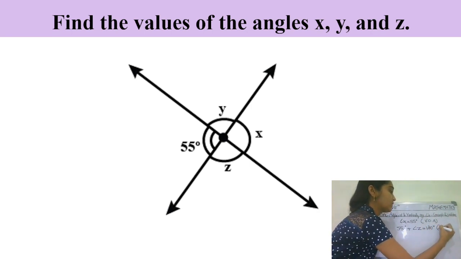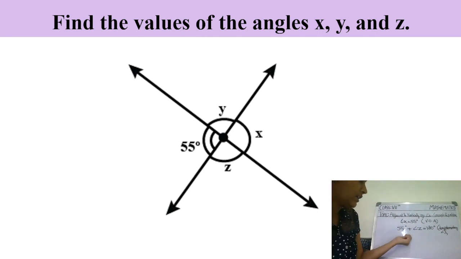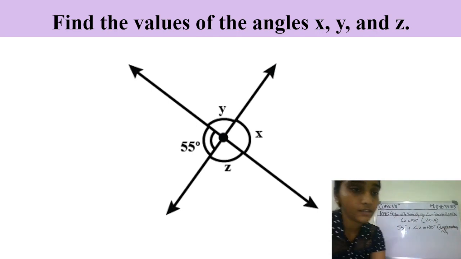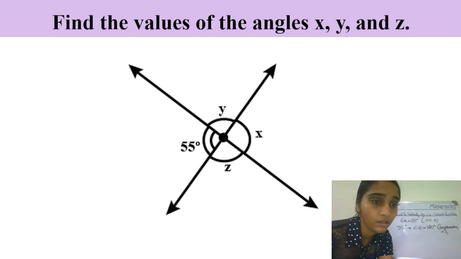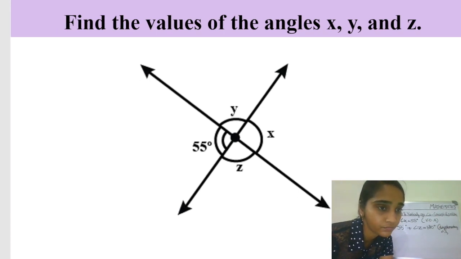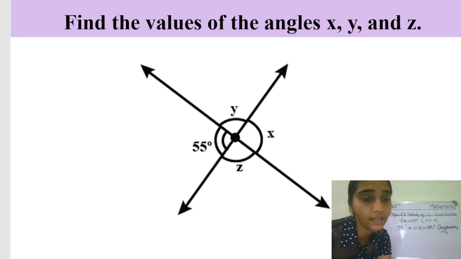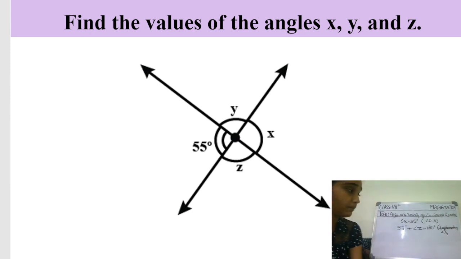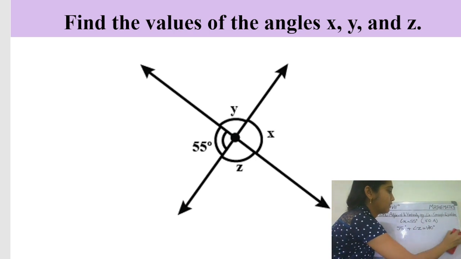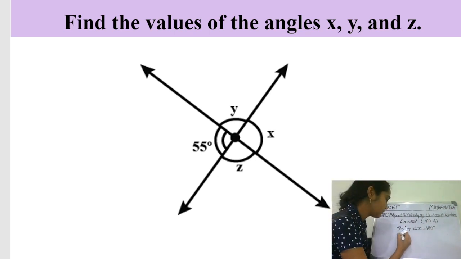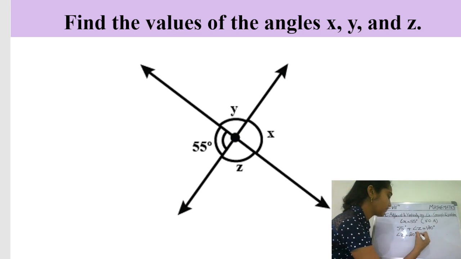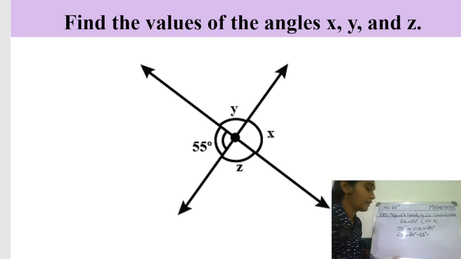Why? We can say by the supplementary angles concept, or you can also say that they are adjacent angles. You can meanwhile solve it, because they are adjacent angles also, right? And we know that adjacent angles forming a straight line have a sum of 180. So angle Z, what will we be getting? Yes, we will be getting angle Z as 180 degrees minus 55 degrees. So students, find out what we are getting.